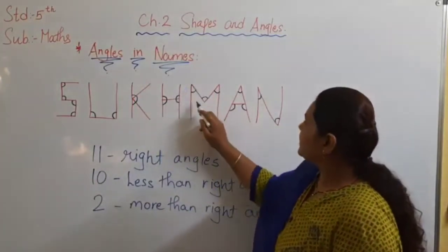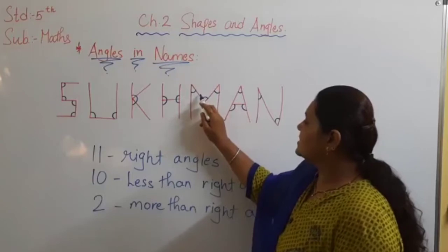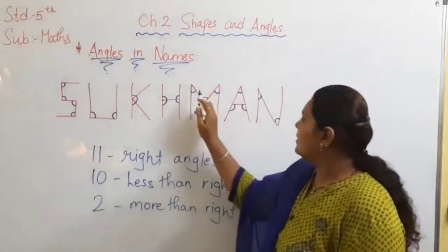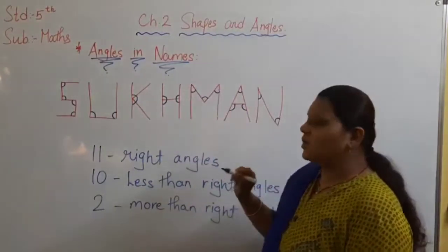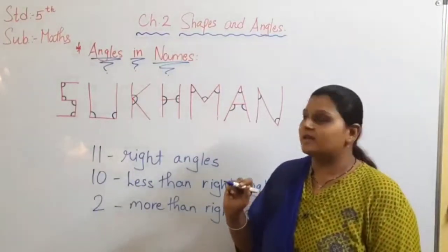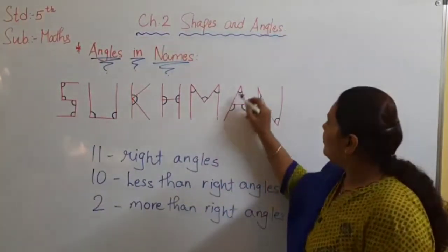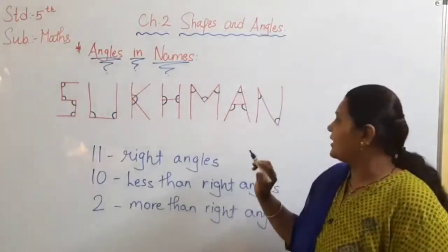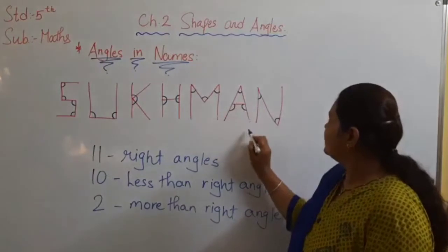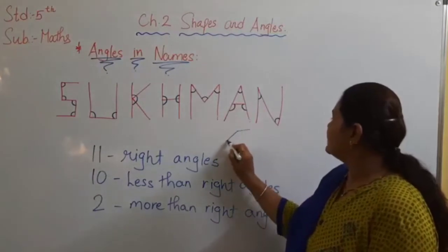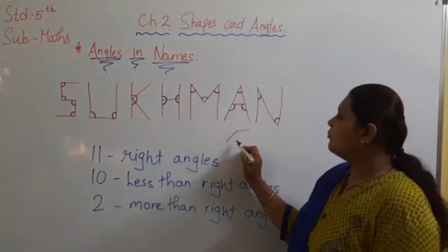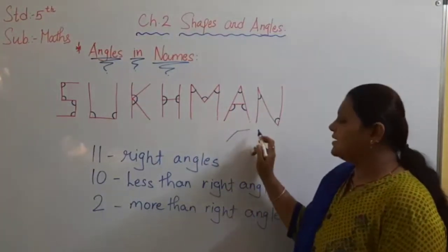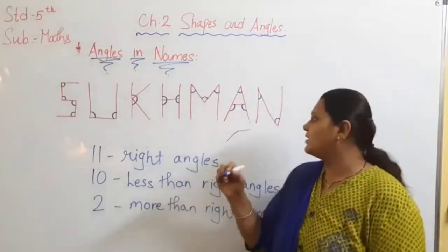Then M. This part is having less than a right angle. This is also less than a right angle. This middle part is also considered less than a right angle. Now taking A. This is having less than a right angle. This part you can see like this. This shape is more than a right angle. This shape is also considered more than a right angle.